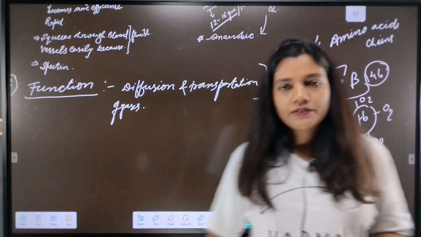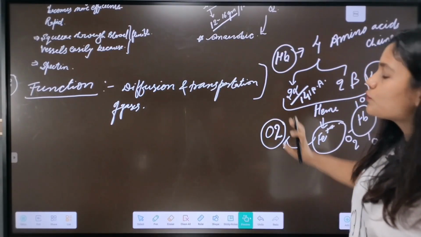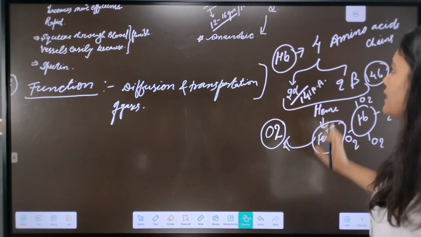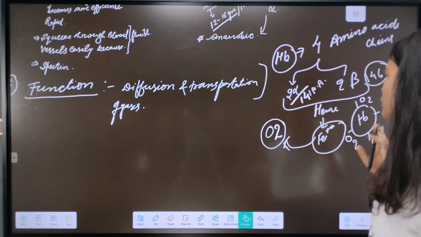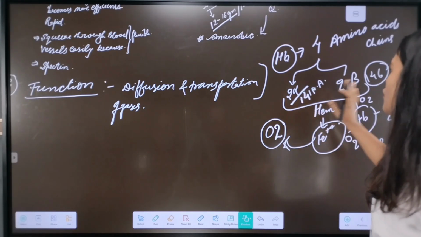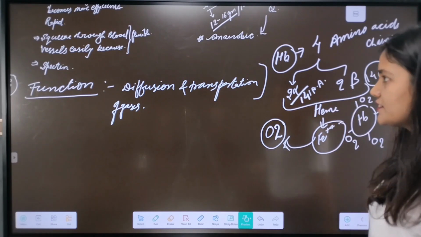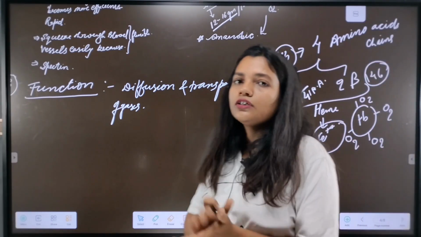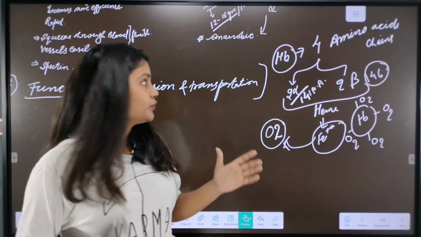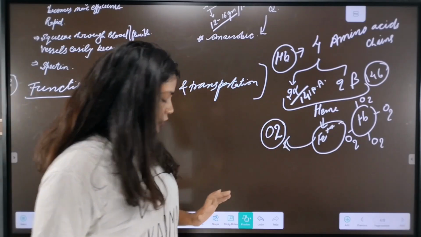This is for general knowledge. So if there is iron, it transports the oxygen, and in our hemoglobin there are 4 irons in the 4 amino acid chains. So one hemoglobin molecule carries 4 molecules of oxygen.